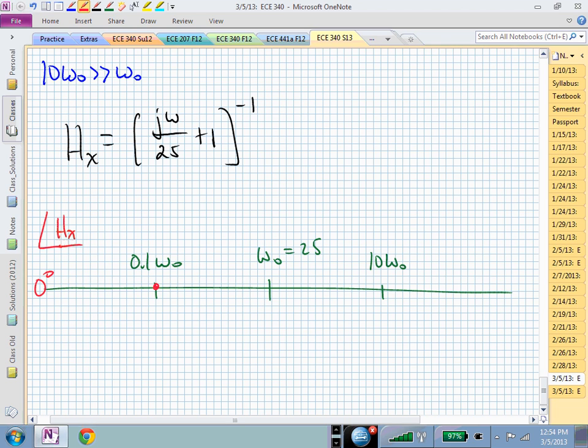For a pole, a decade beyond, we are at minus 90 degrees, and we are agreeing to simply connect these with a straight line in between those two limiting cases.